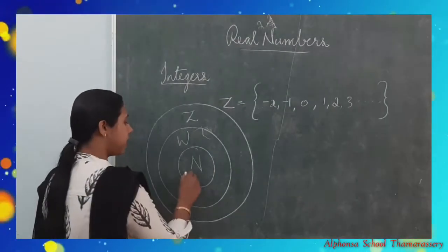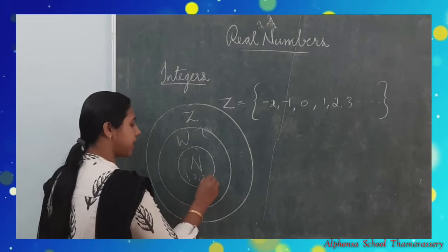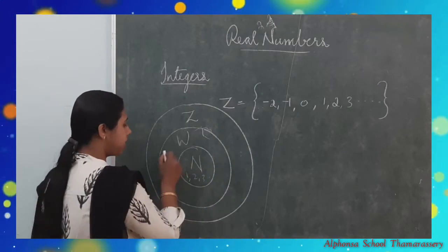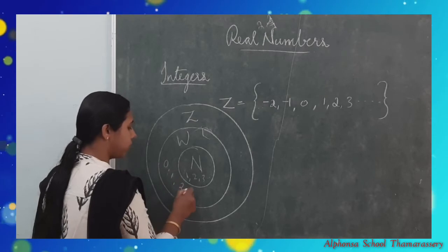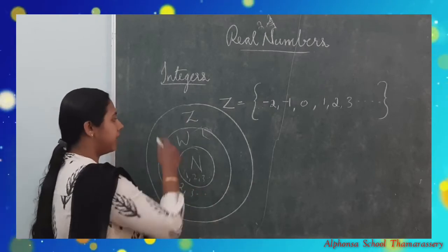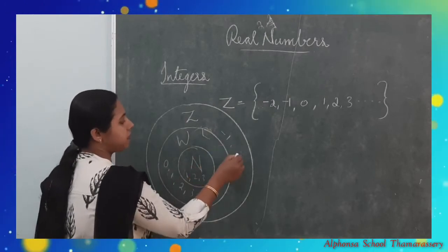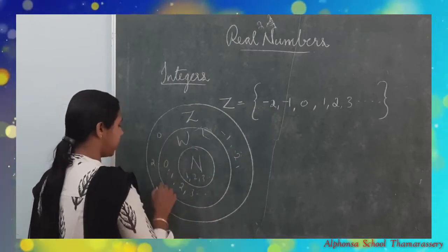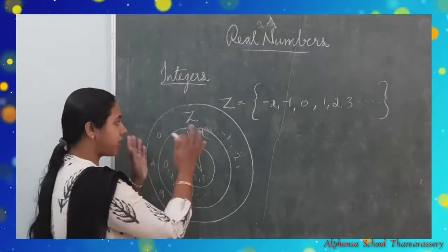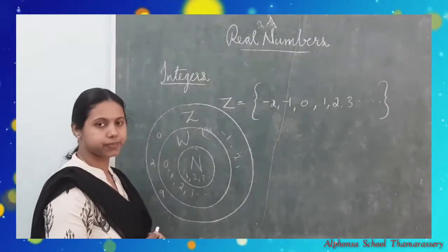So here the natural numbers are 1, 2, 3, etc. And whole numbers are 0, 1, 2, 3, etc. In integers, negative numbers, whole numbers and natural numbers, altogether are integers.